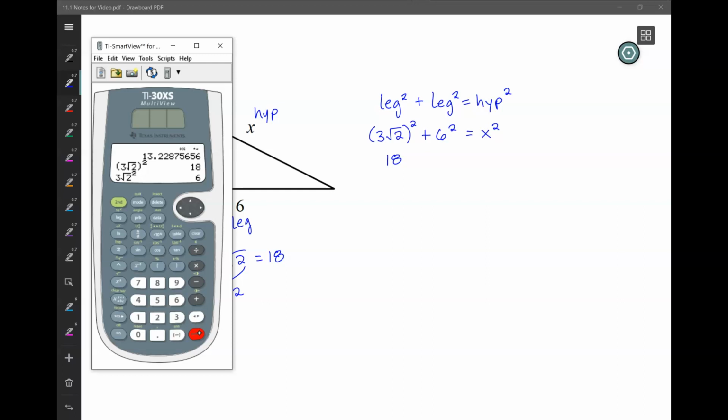It didn't multiply in the other 3. So be careful. This is 18, it's not 6. 6 squared is 36. So 18 plus 36 is 54.